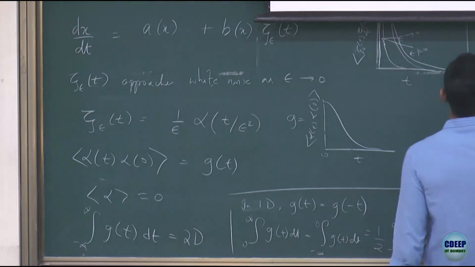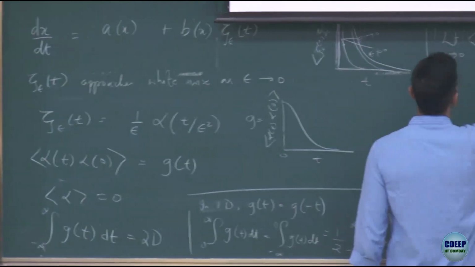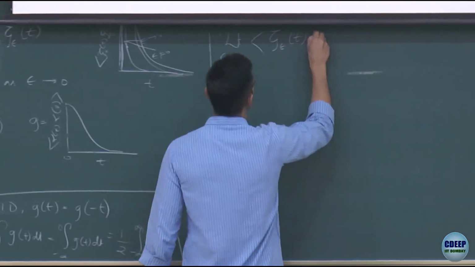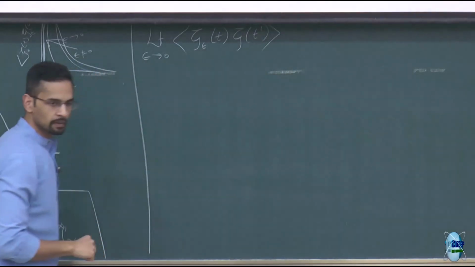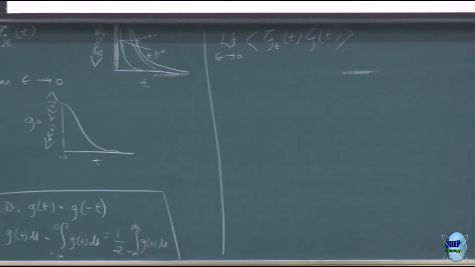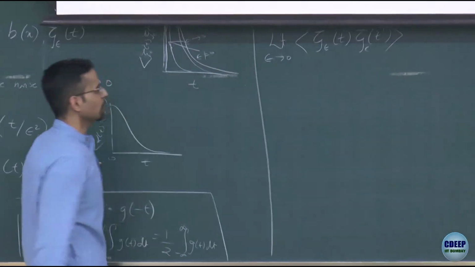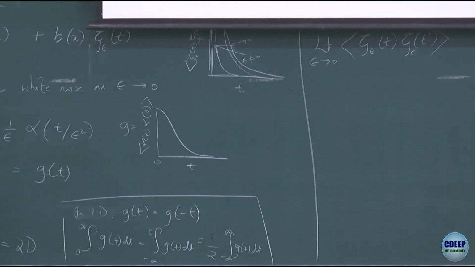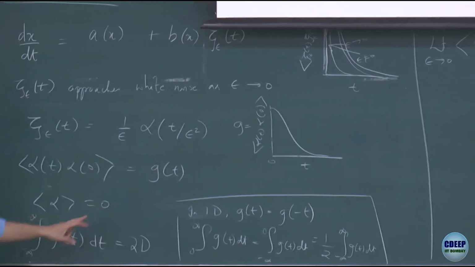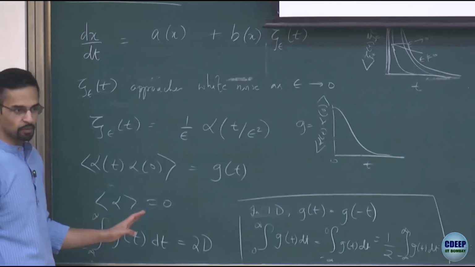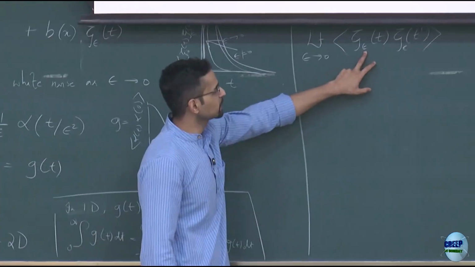Okay, and so therefore, if I take the limit now, this is what I'm after, right? I basically want to say I have a zeta of epsilon. I want to see what happens as epsilon goes to 0. Clearly, the average of zeta epsilon is always going to be 0 because I'm basing it on this alpha whose mean is 0. So it's a zero mean process. But what happens to its autocorrelation as epsilon goes to 0?